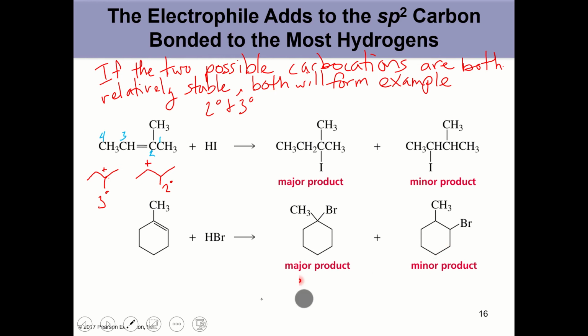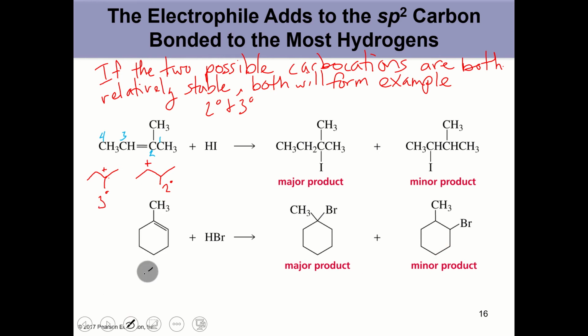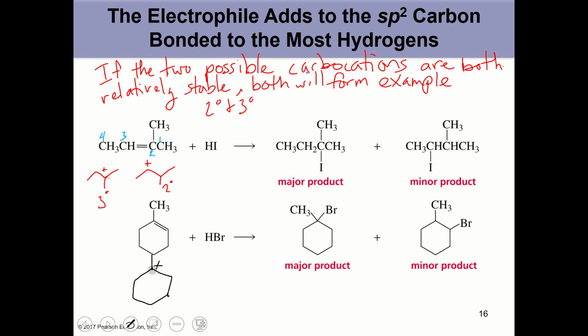And then we have a second example. So what would the cations look like? You have a positive charge either here or so.